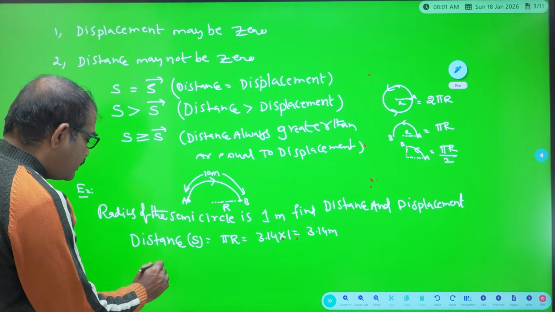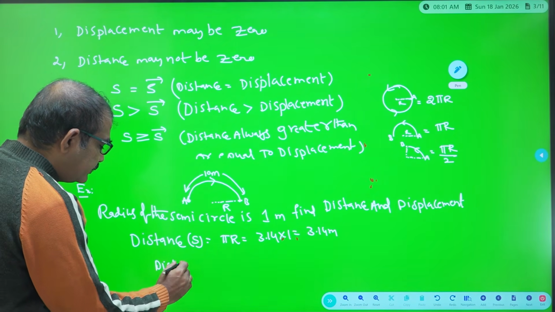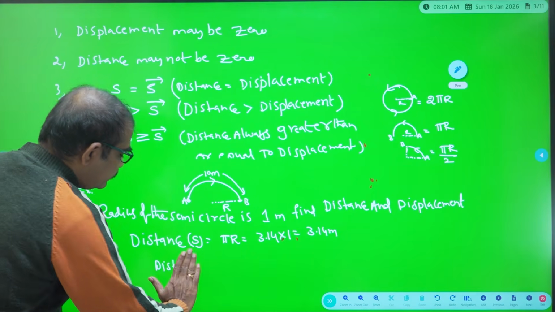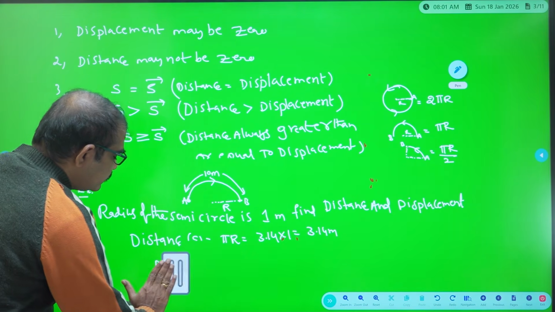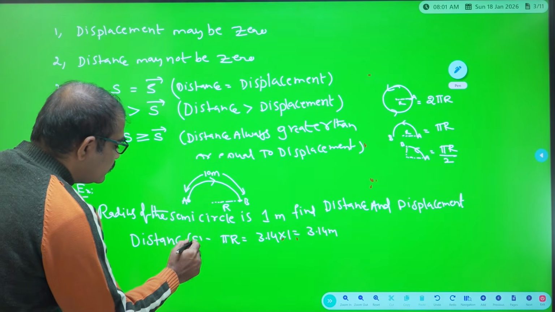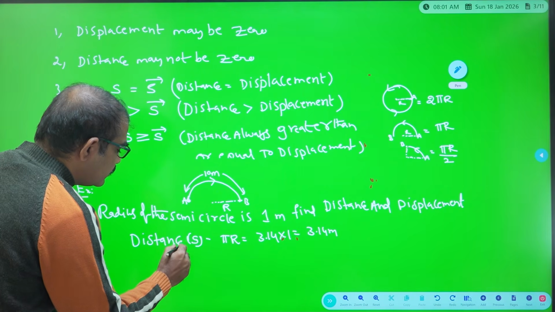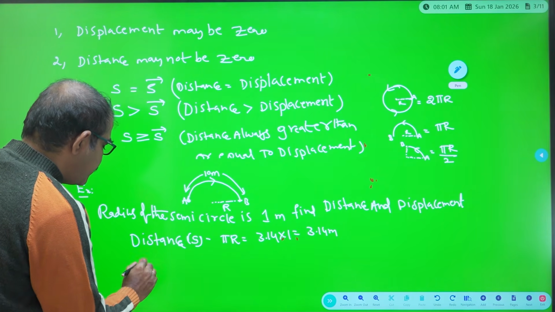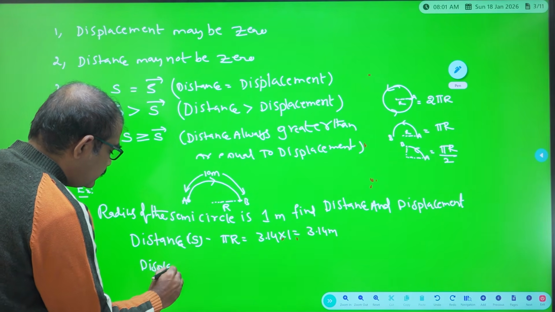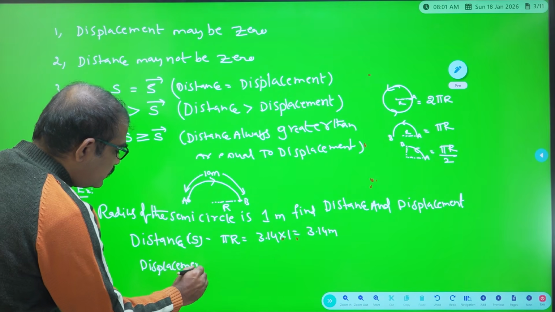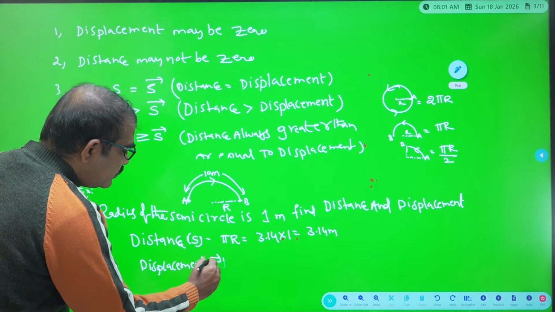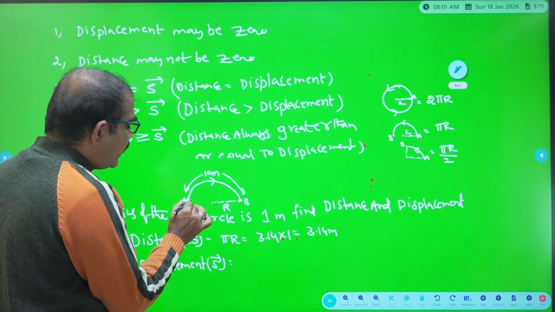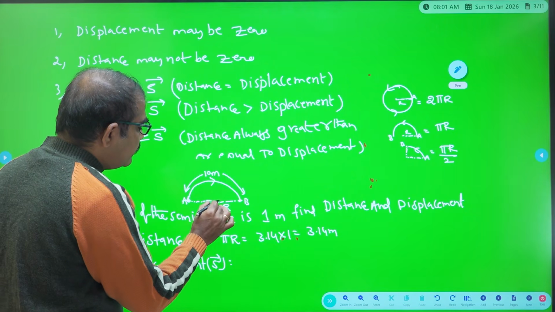Distance, displacement. S bar is equal to, take the initial point and final point, the line joining the initial point and final point.